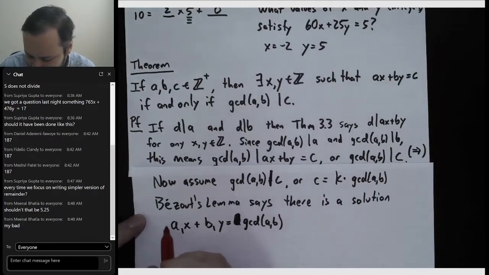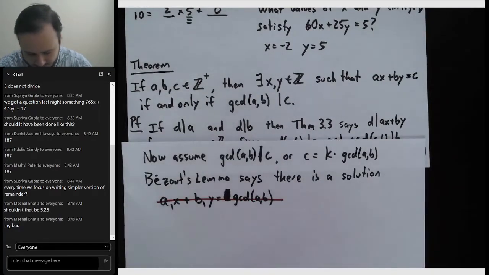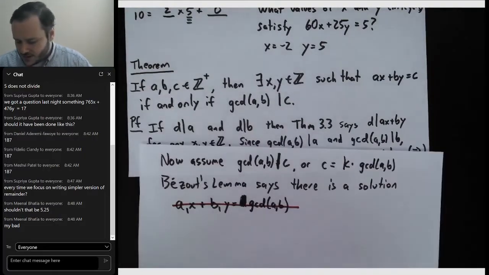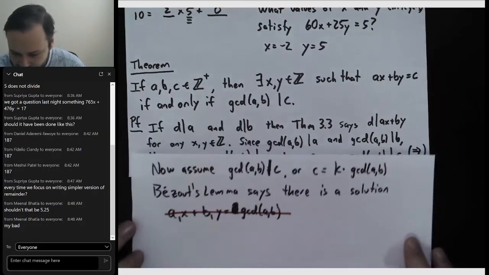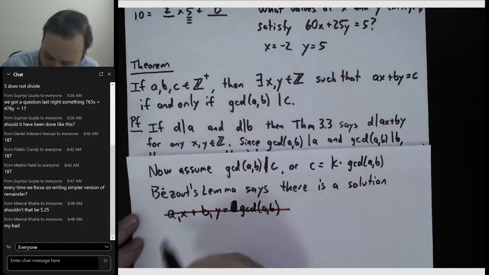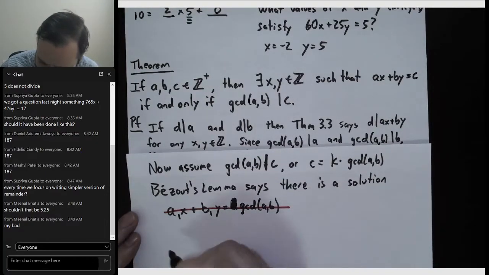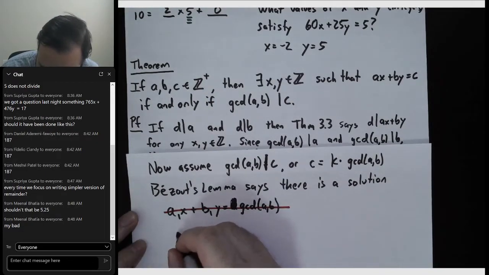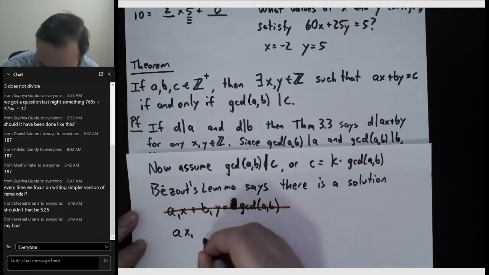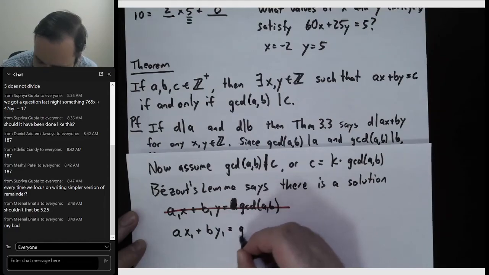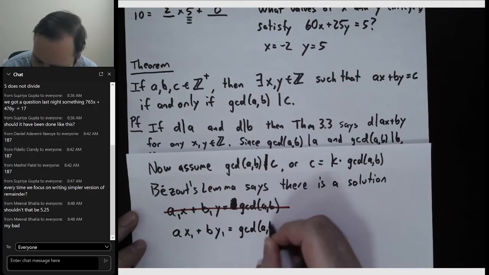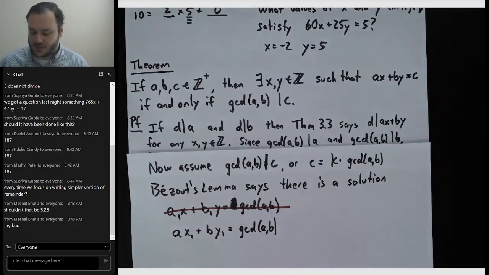Notes don't make any sense here. Okay, Bézout's lemma says that we can find a solution x1 and y1 so that A times x1 plus B times y1 is equal to the GCD of A and B. There we go. That makes sense.